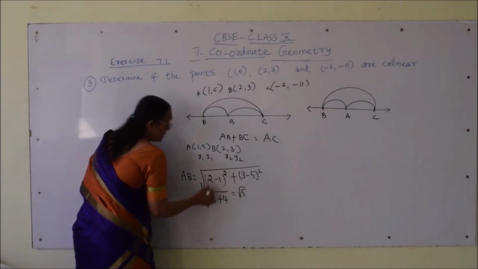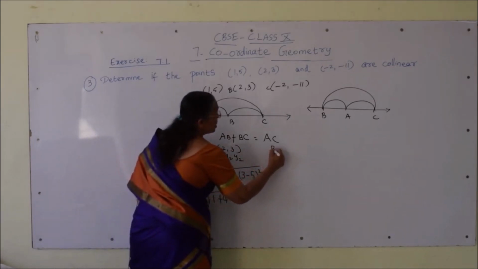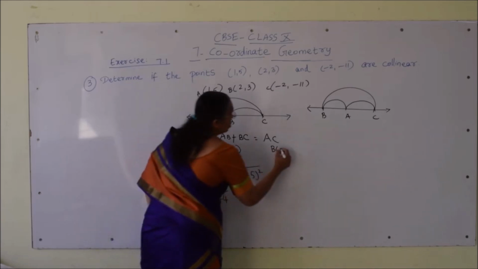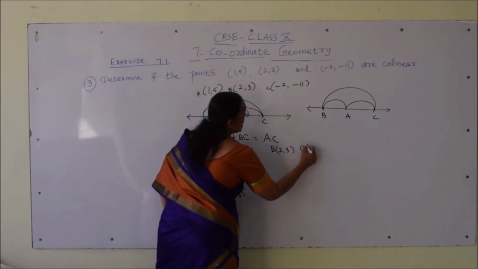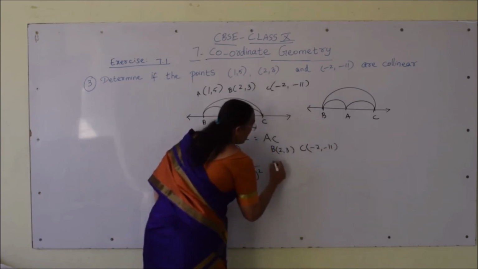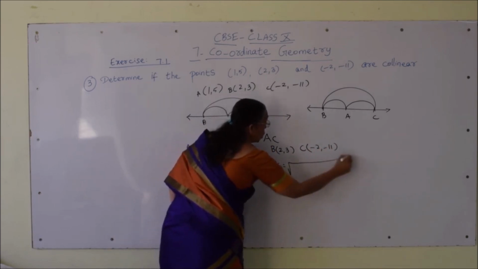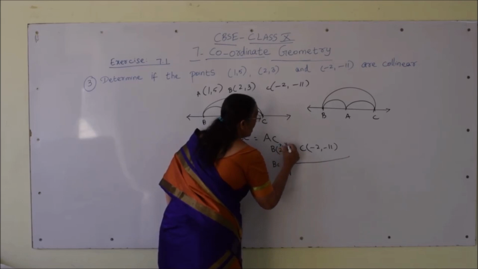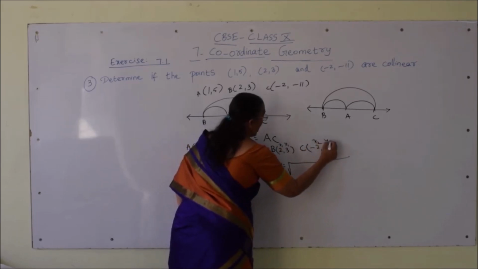Now, let us see what is the BC distance. B point is given as (2, 3) and C point is (minus 2, minus 11). So, BC is root over, this is x1, y1, x2, y2.